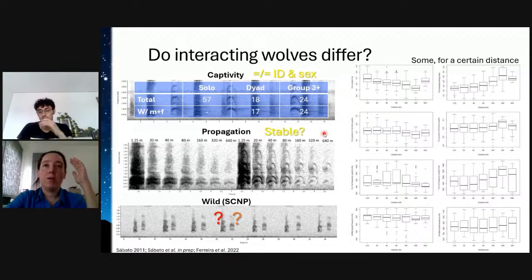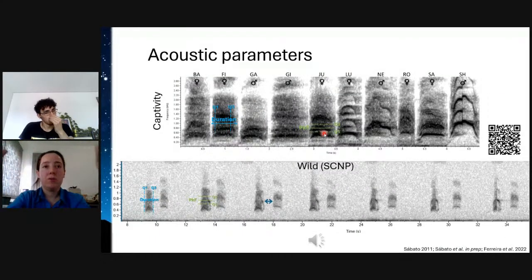So we just got the sequences that were in a safe distance, that had a safe intensity to measure acoustic parameters, and only the acoustic parameters that were stable.